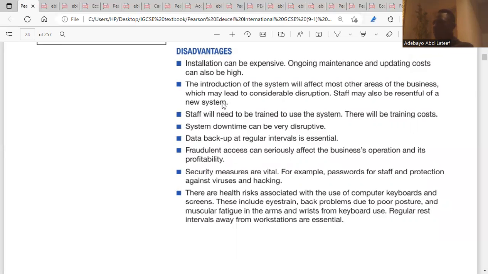It's a new program you are introducing to the workers. There's no way you can do it smoothly. It will affect the operations of the business.